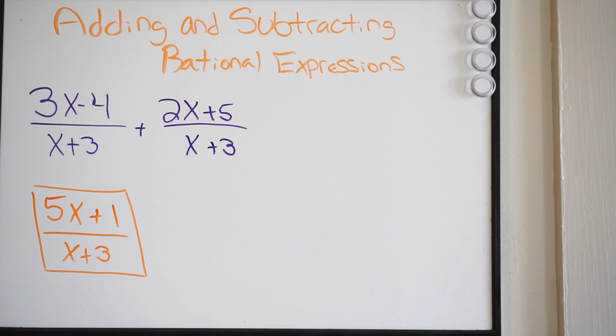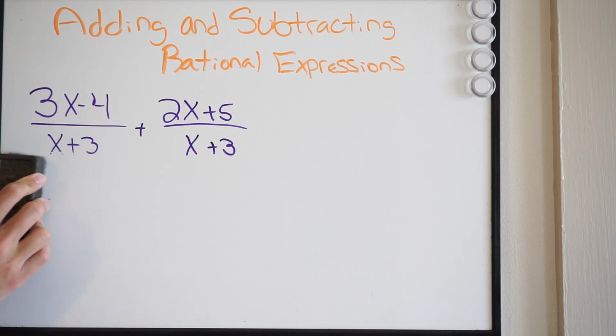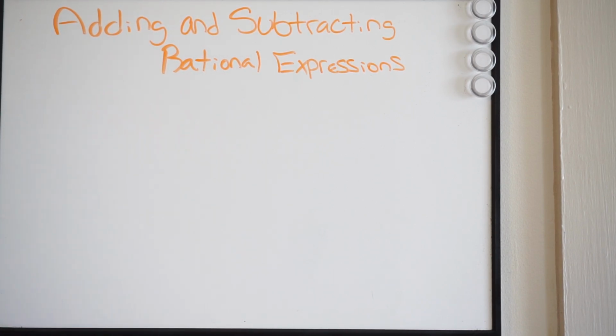Let's try another example. Okay, let's try another example. So let's go ahead and erase this. So we're going to go ahead and try the following. Let's do it in purple.